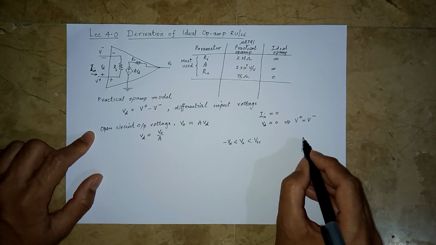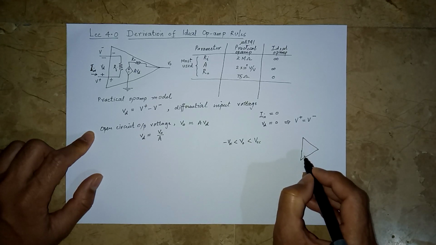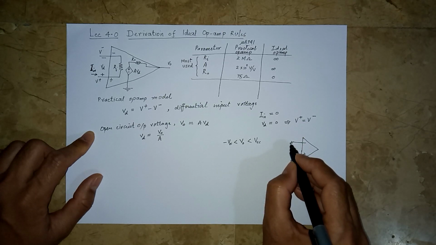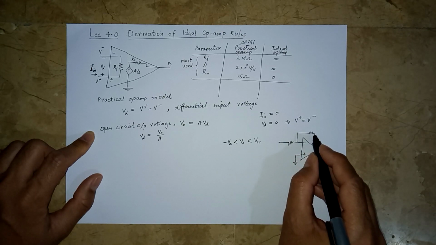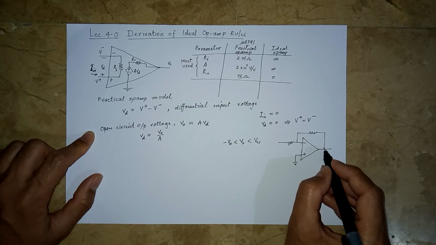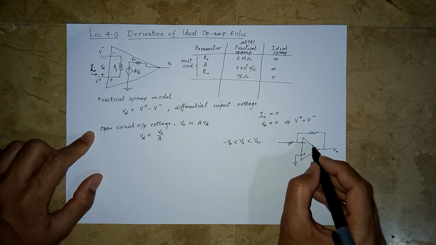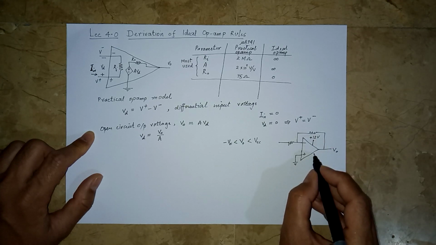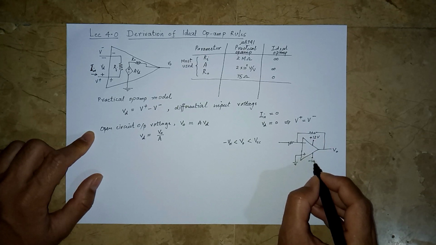Remember, an ideal op-amp, whenever we have tried to solve the circuits, I mentioned about this. So say this inverting configuration, this VO cannot go beyond whatever the supply voltage is here, say plus 12 volts and say minus 10 volts.